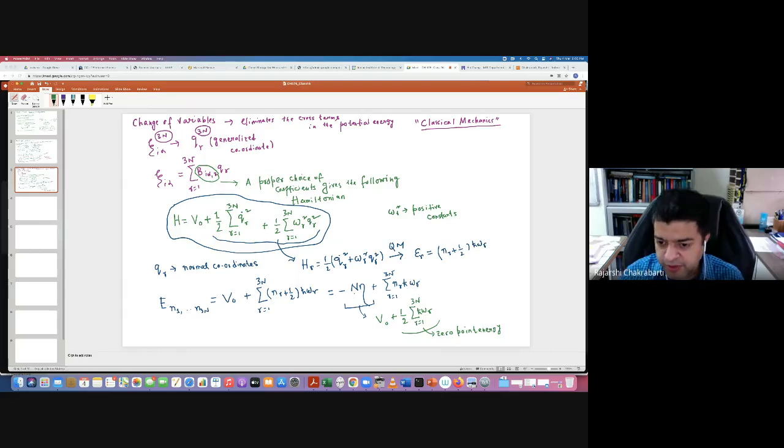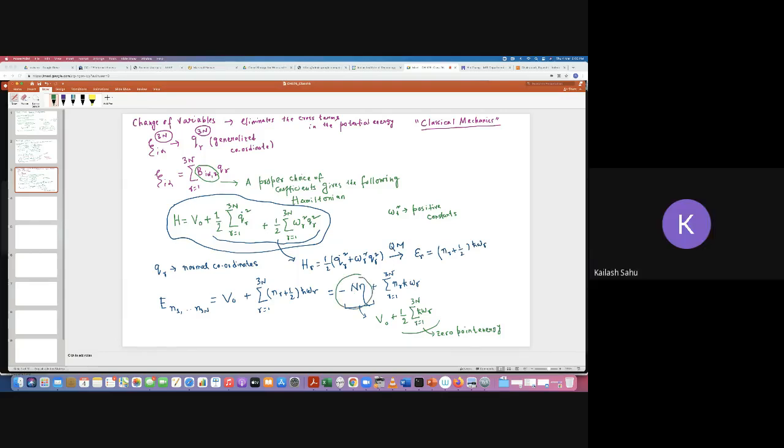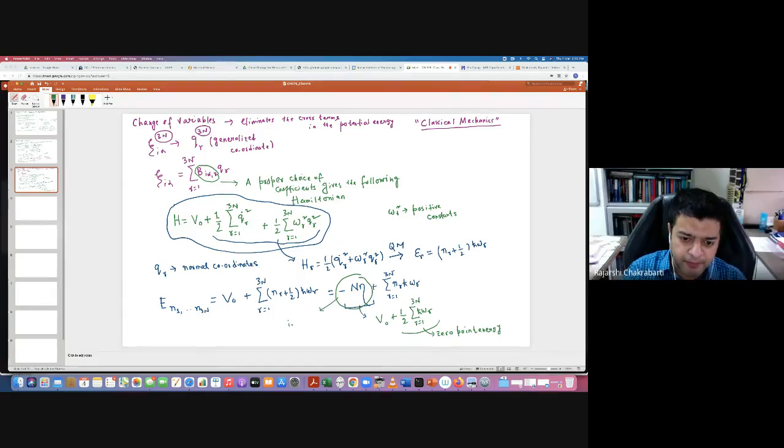So basically what you see is that this part is independent of the quantum number. This is for sure, no? It has nothing to do with the quantum number. Can you see that? So basically I can see that this is a reference state. And with respect to that, you have this correction, which depends on the quantum number.